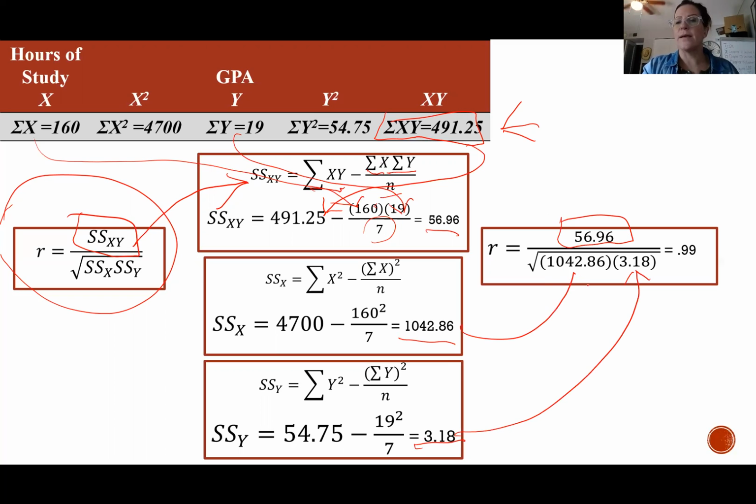Now, one of the biggest errors I see students make is not putting the square root there. And then guess what happens? This number often comes out higher than 1. So be really careful that you're taking the square root of those numbers, because otherwise you have a real problem. You have to multiply those two together and then take the square root.